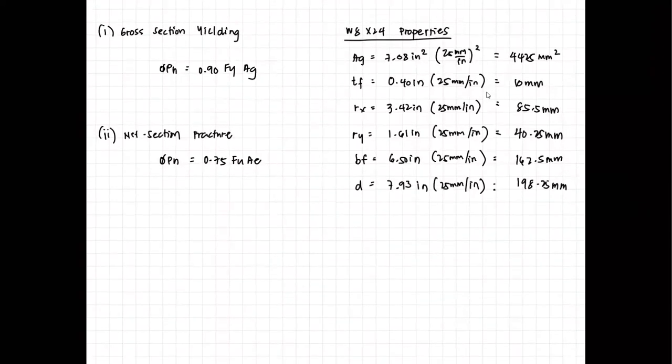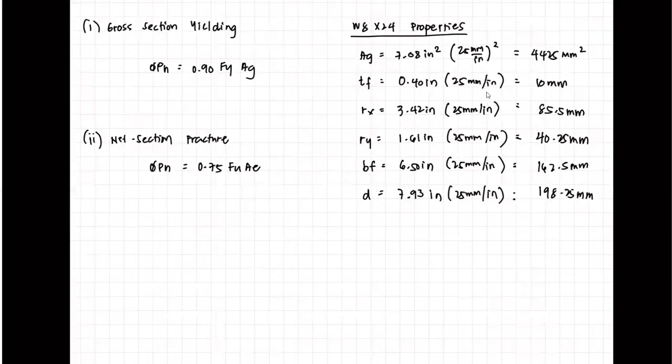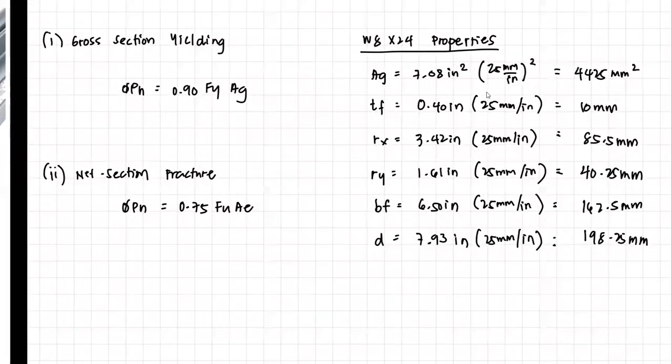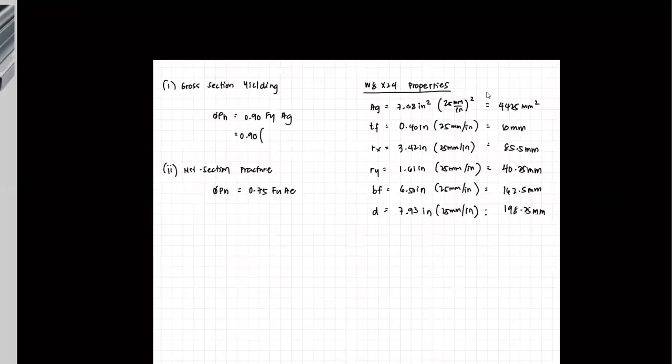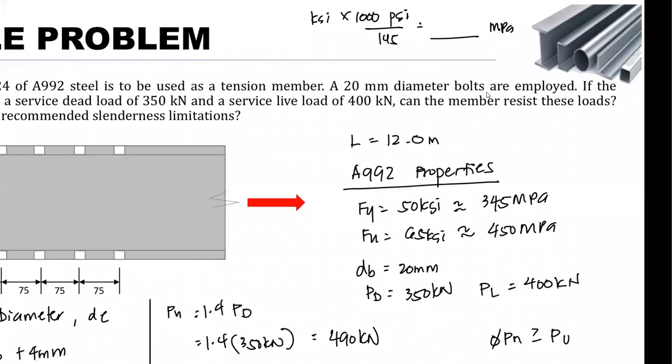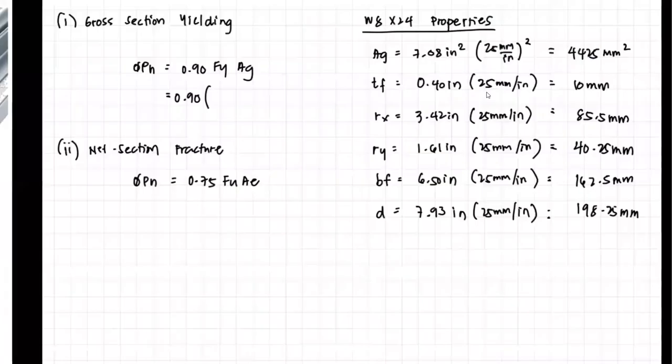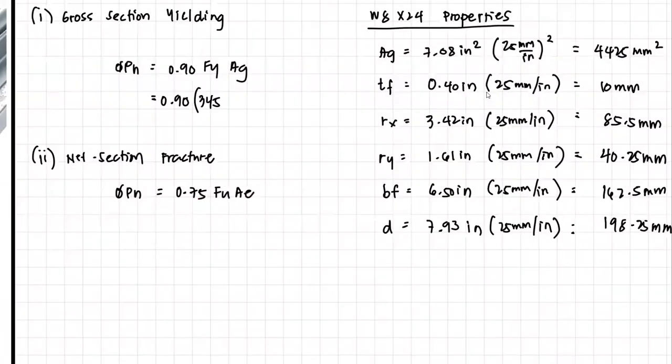We can now start with our capacity. So for gross section yielding, that will be 0.9. Fy we identified to be 345 megapascal. So 345 megapascal is also equal to Newton per mm squared. So multiplied by our area, which is 4425 mm squared.